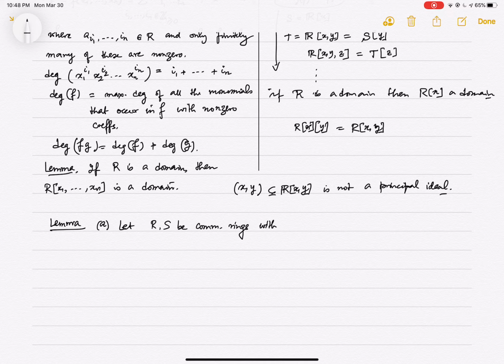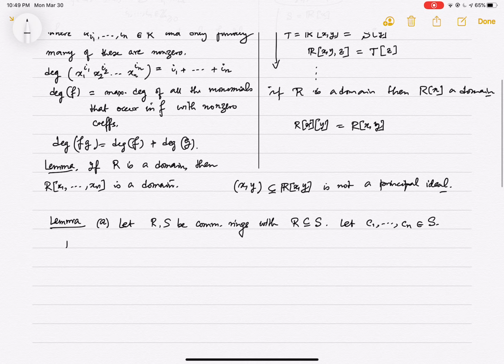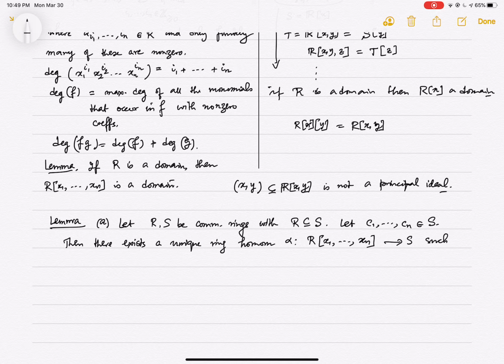with R a subset of S, and let us give ourselves a bunch of elements c1, ..., cn in S. Then there exists a unique ring homomorphism alpha from the n-variable polynomial ring R[x1,...,xn] to S such that alpha restricted to R, meaning if you take a degree 0 polynomial, is just the identity.